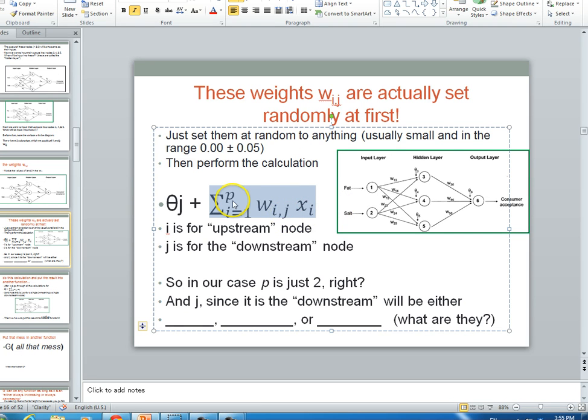So this is calculating what's going into the jth node, and the p means how many upstream nodes it's reading from. So here, this node is reading from how many upstream nodes? This one and this one, right? It gets input from here and from here. So it's just 2 nodes, so this p would be 2.